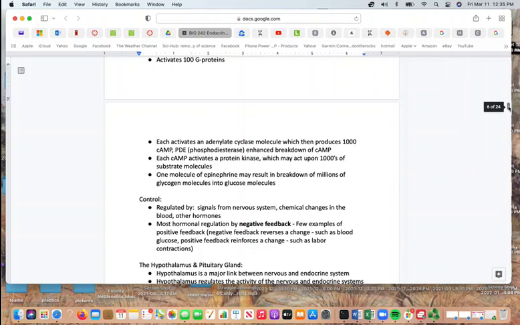Each of those cyclic AMPs activates a protein kinase that can act on thousands of substrate molecules. So you can see it's kind of a domino effect with the amplification. One molecule of epinephrine may result in the breakdown of millions of glycogen molecules into glucose, but it makes the system very efficient.